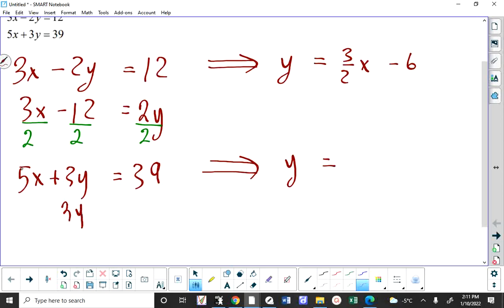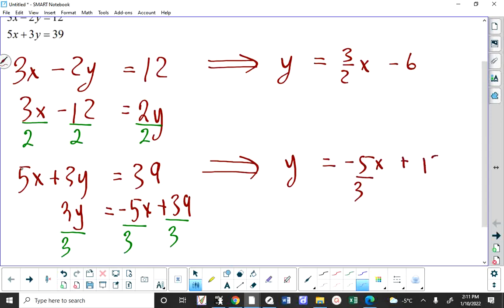I'm going to move the 5x to the other side. And then I'm going to divide everything by 3. So what do we get? Negative 5/3 x plus, is my division correct? 13.